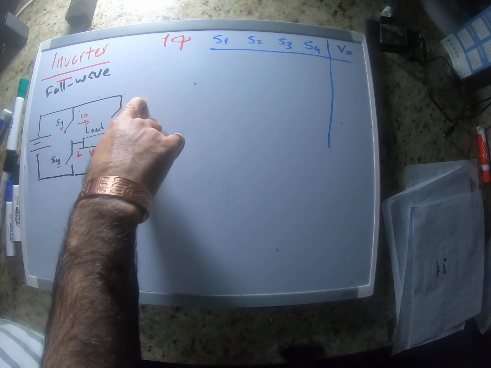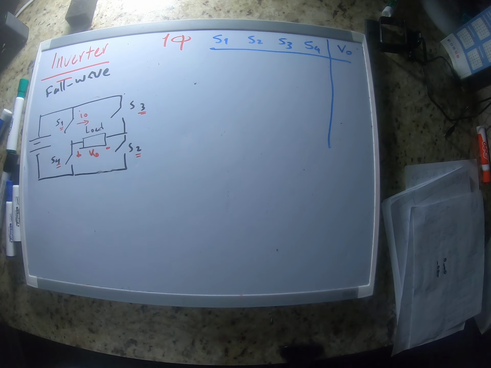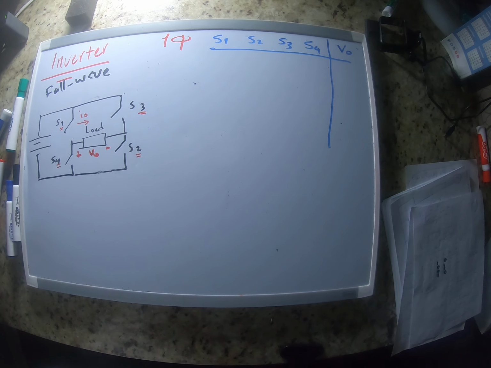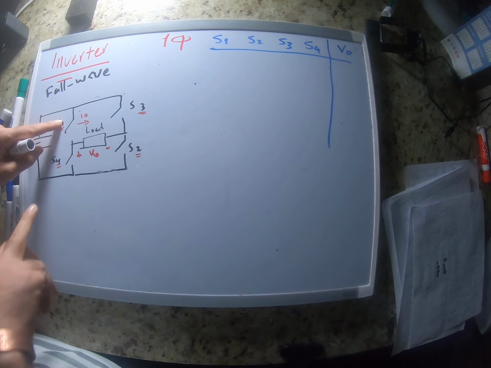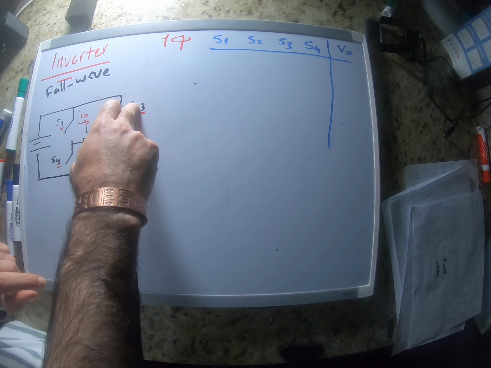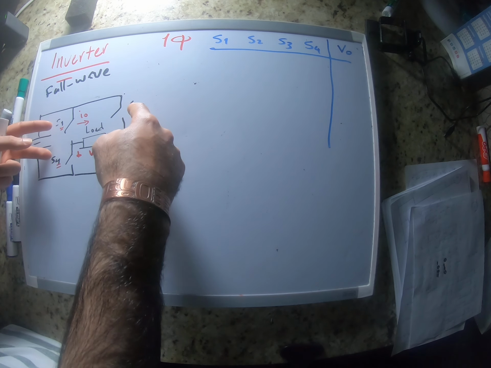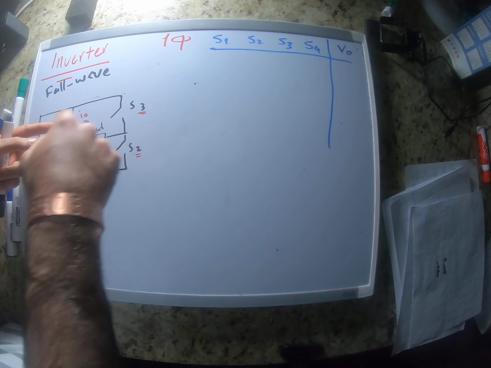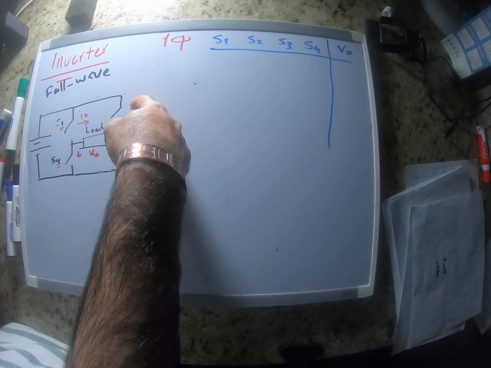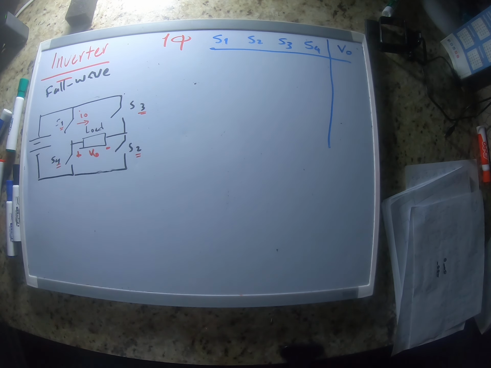We can't have both of these two on at the same time. So we actually have a simpler case with only 4 states. These two cannot be both on or both off at the same time. The same thing here: these two cannot be on or off at the same time.